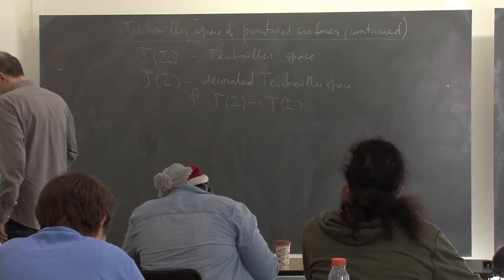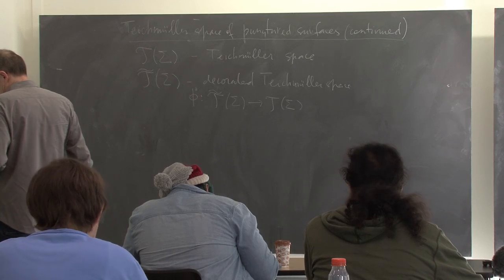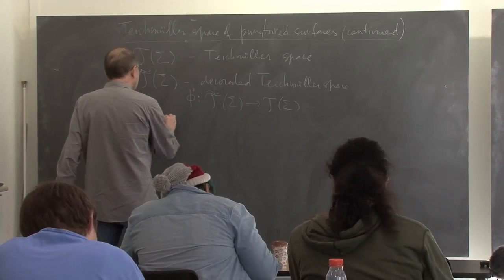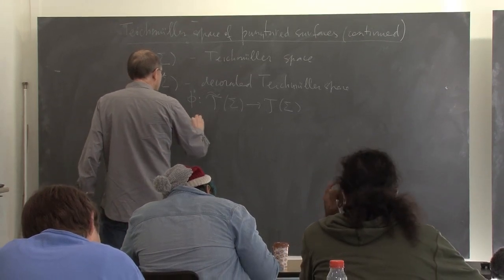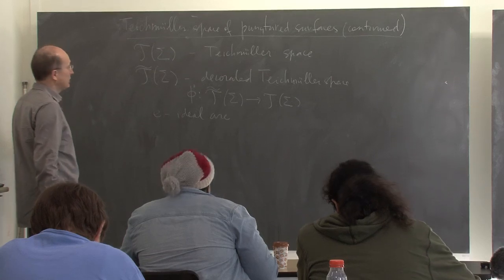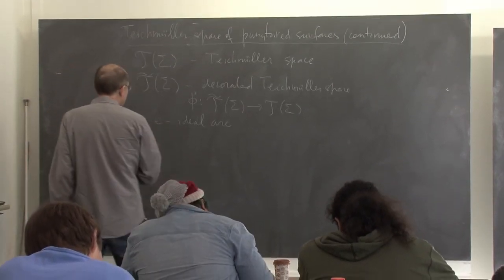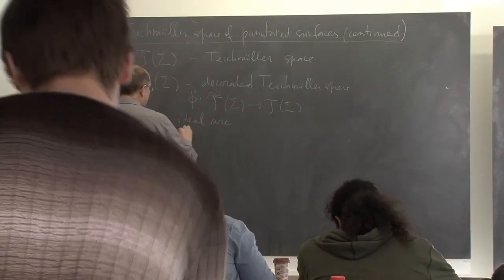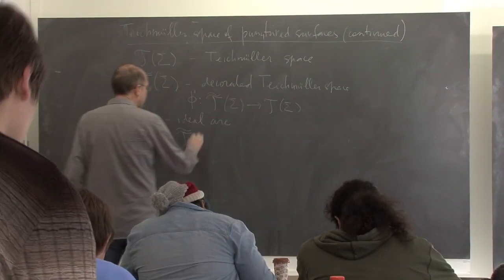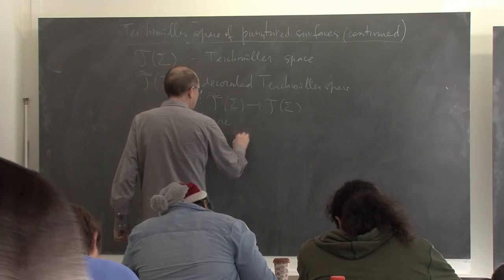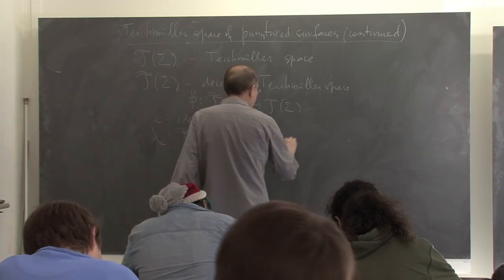And then we defined an ideal arc, and based on that, we defined a lambda length, which was a positive valued function on the decorated Teichmüller space.